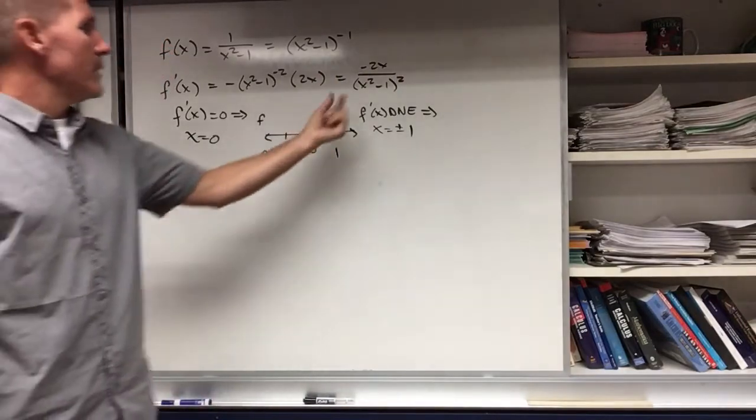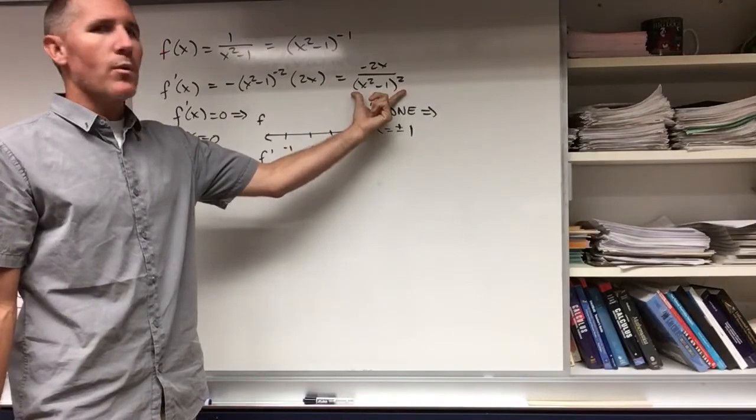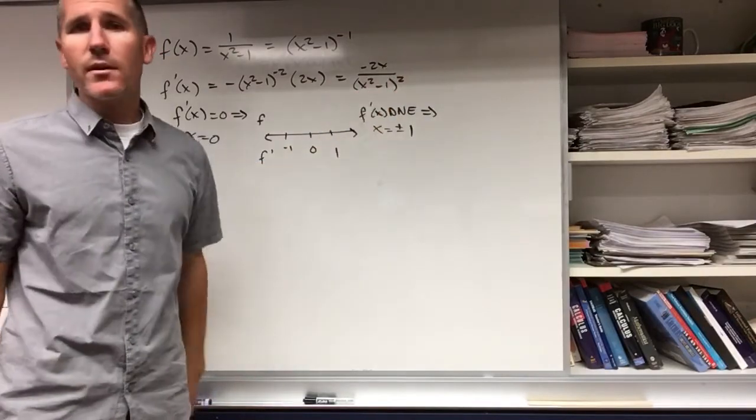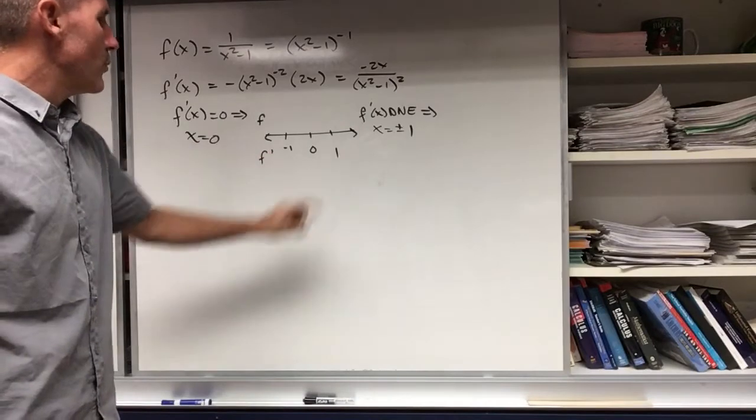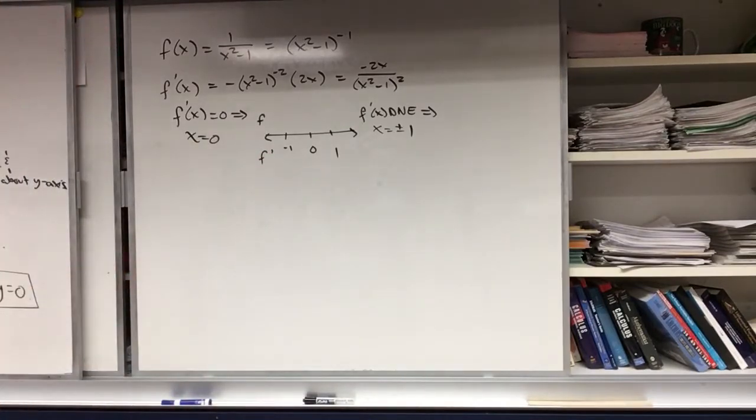One thing to note is the denominator is always positive because I take something and I'm squaring it. So that's always going to be positive, or I should say non-negative, because it could be 0 at these 2 points. So really, I'm looking at where the numerator is going to be positive or negative, and that's going to give me where f prime will be positive or negative.